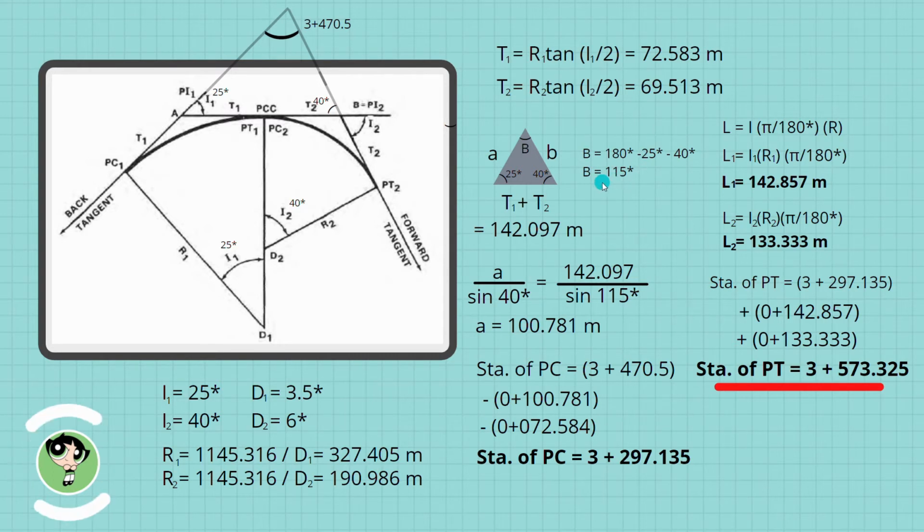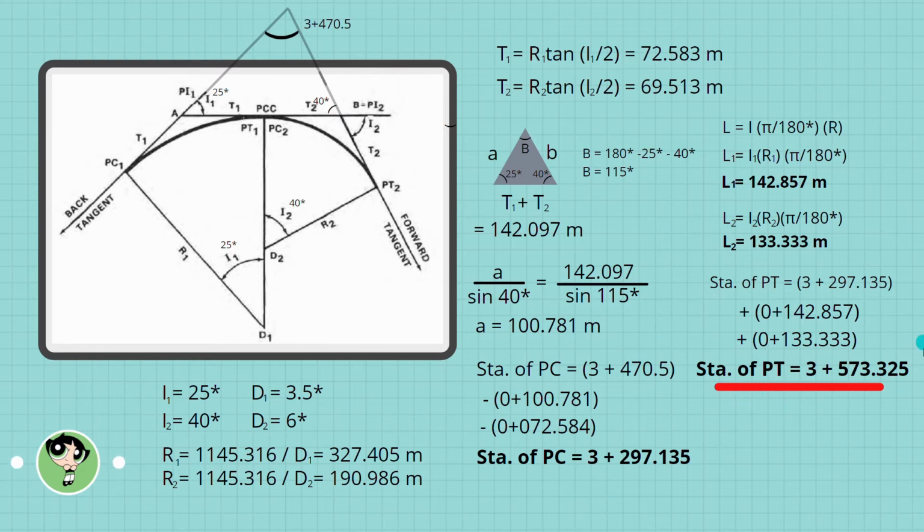So, we have to analyze first what values we are going to get for us to get the PT. We won't just solve anything here. Let us analyze what values we need to get the station PT.